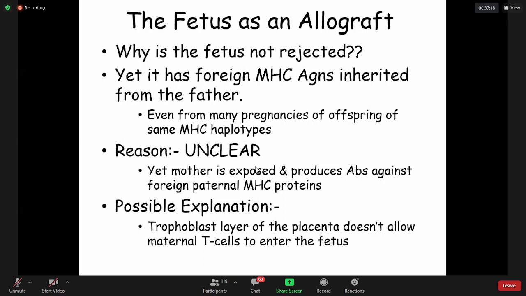It's unique, but somehow it is not rejected. The clear reason is that it's not clear. We are not sure why it is not rejected. A possible explanation is that the trophoblast layer of the placenta does not allow maternal T cells to enter into the fetus.